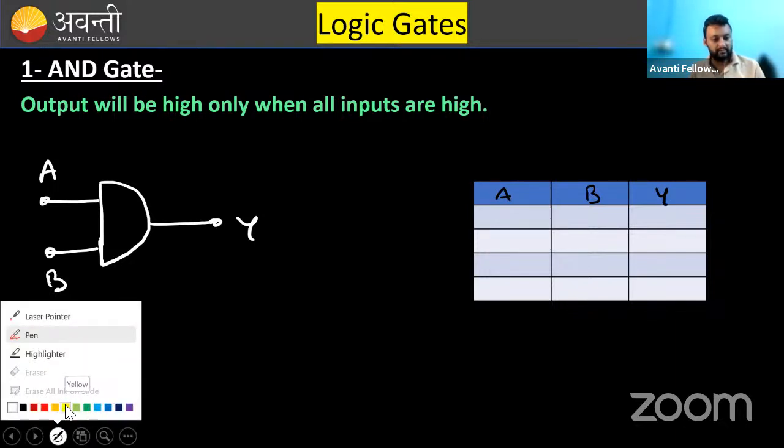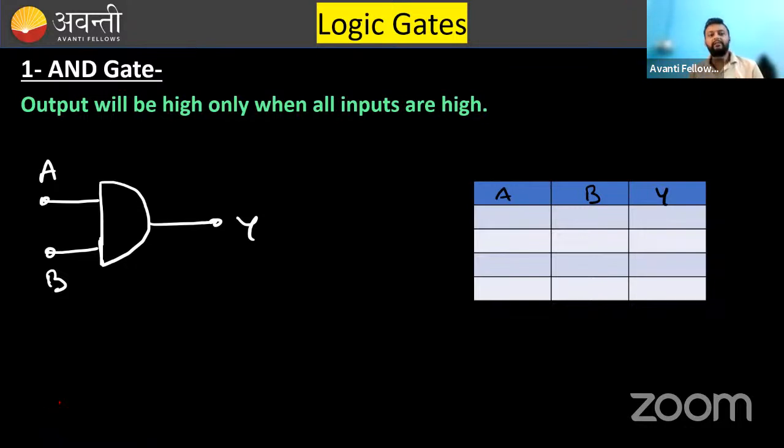So in the logic gates part, there will be, I think, 5 gates that we are going to study. First is the AND gate. What is an AND gate? You should remember the output here. Output will be high. In digital electronics, there are only two things: one is low, one is high.